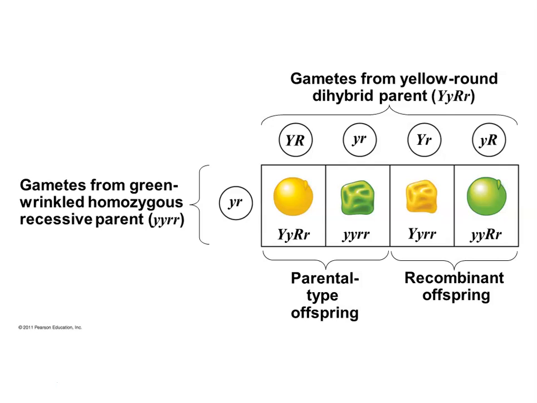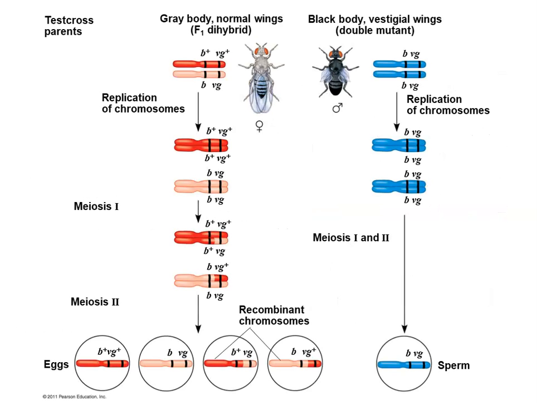And so here, if we look at our pea plants, you can have your parental type offspring and you can have recombinant offspring. So this is all connecting together with what we saw with Mendel's work, just looking at it from a chromosomal perspective. So there you have your two fruit flies, your F1 dihybrid, your double mutant. As you go through meiosis, we see that the sperm for the double mutant, because that was the male, can only produce that one chromosome no matter how much crossing over is taking place.